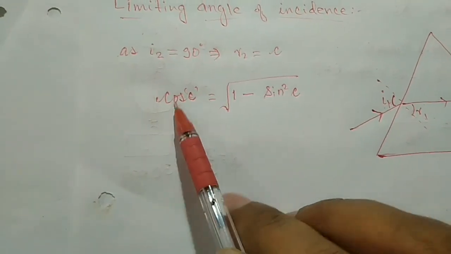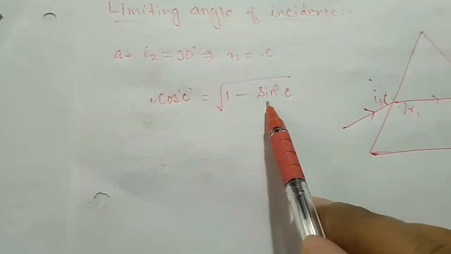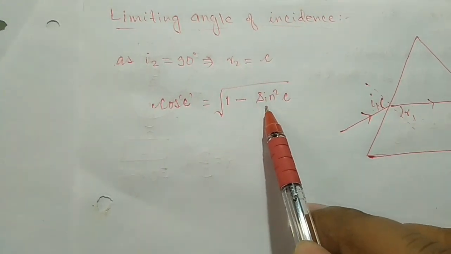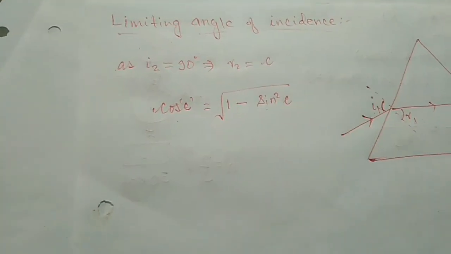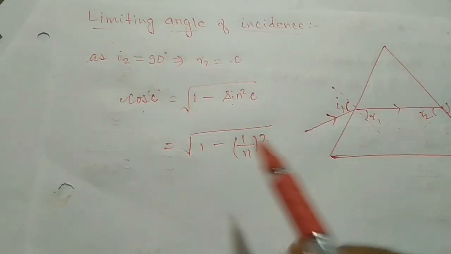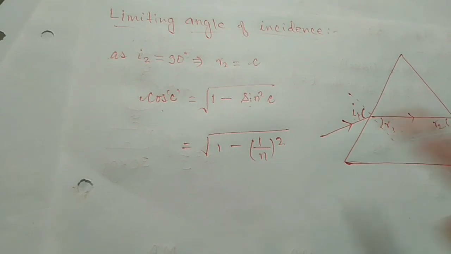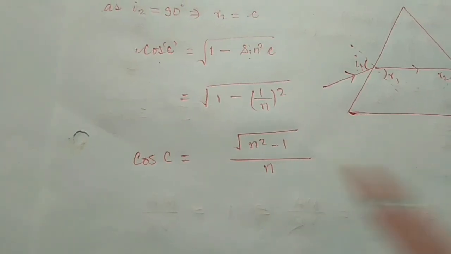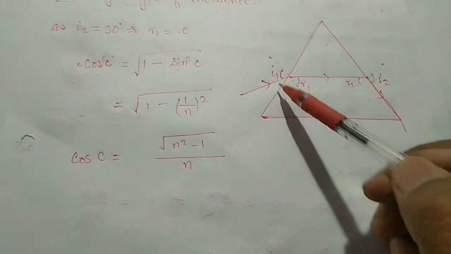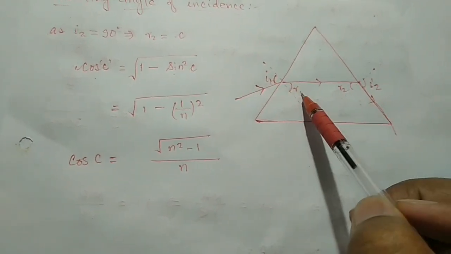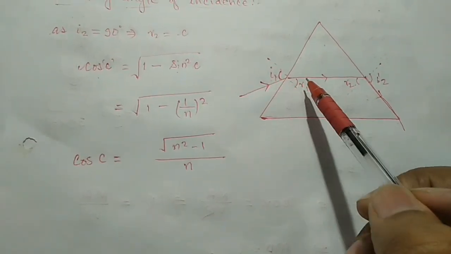Using this trigonometric identity, cos C is equal to the square root of 1 minus sin squared C. So let's calculate the cos C first. We know that sin C, the critical angle, is equal to 1 upon n, the refractive index of the medium. Now as the light is passing from this medium to this medium, making the angle I1 and R1, we can write Snell's law.